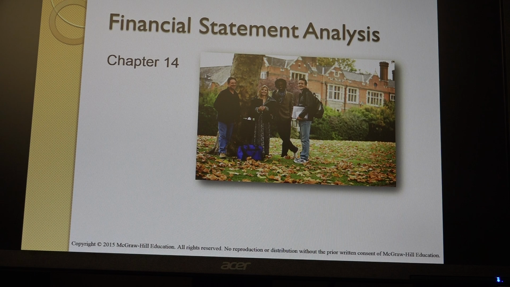Certainly they want to project the best financial statements they can. A lot of times, though, what you're doing is you're making decisions, you're analyzing the financial statements of other companies in order to make a decision.